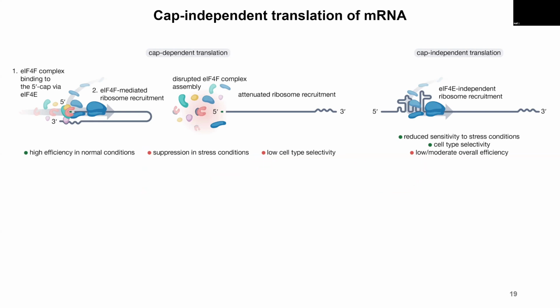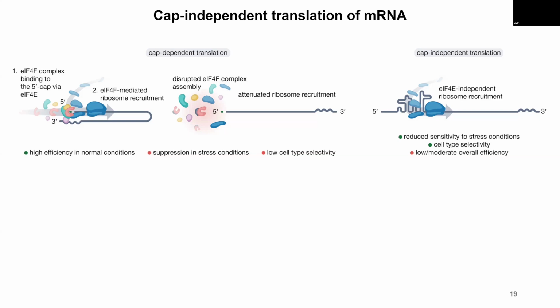This mechanism works really well in normal conditions, but as the field moves towards more specialized applications that require targeting specific cell types or very efficient translation in specific conditions, like, for example, under cellular stress, this mechanism of translation doesn't offer much flexibility for optimizing those parameters, like, for example, cell type specificity.